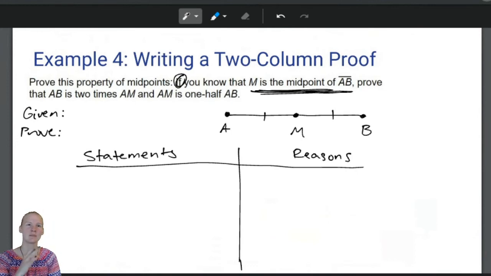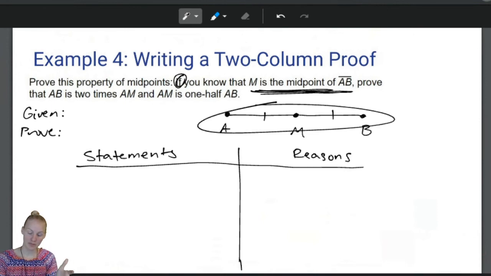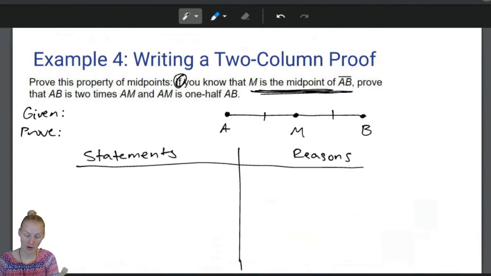But what does that mean in math speak, right? I could just write M is the midpoint. Or I could write it in math speak, like we did on our diagram. For M to be the midpoint means M is halfway between A and B. It means that AM is the same as MB.